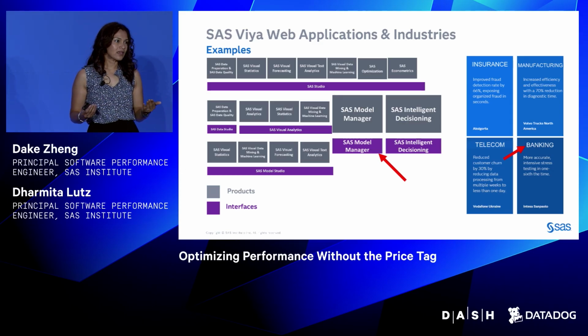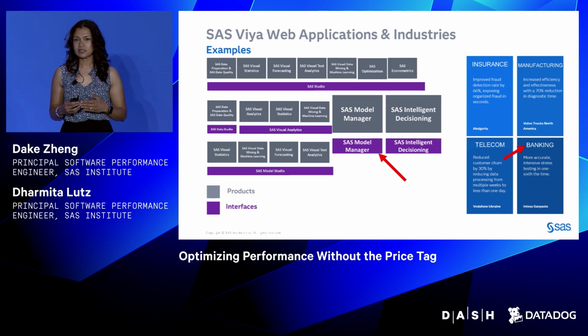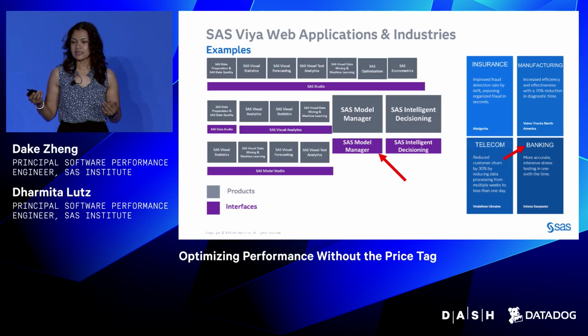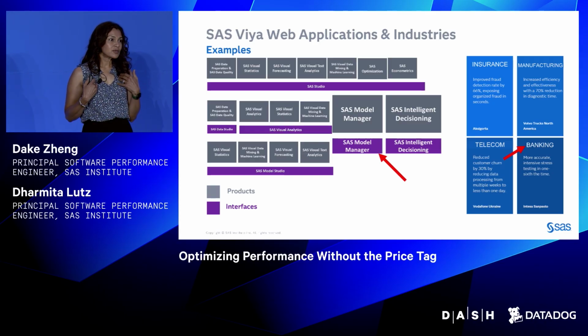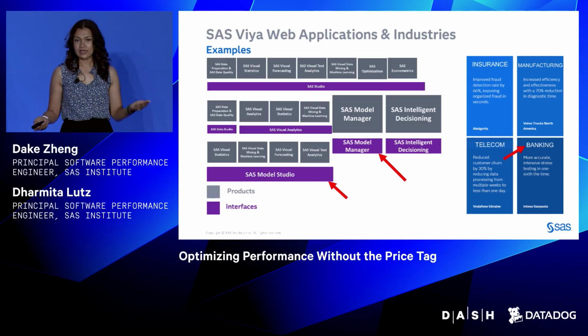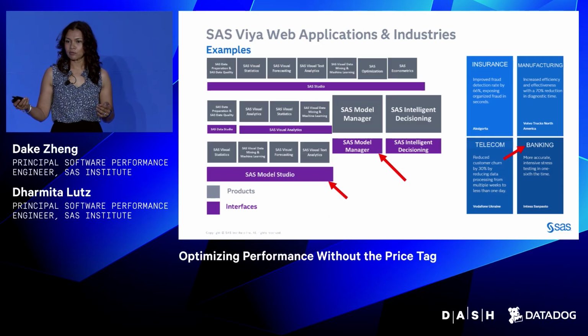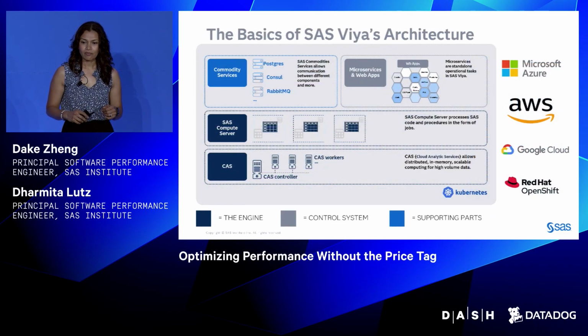So a model in banking might give you the probability of someone defaulting on a loan. Model Manager is a generic tool that helps track the performance of these models and also acts as a repo for these models. Our customer Disney might use SAS Model Studio to create a model to target promotions for their customers.